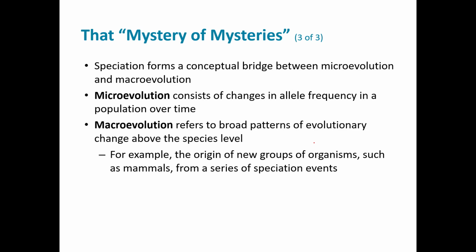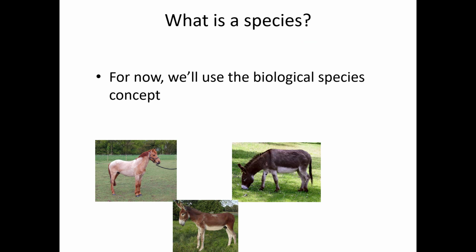So new families of organisms, new classes of organisms, new genera of organisms, things like that. So, for example, new groups of mammals would be an example of macroevolution. So speciation is kind of at that border between micro and macro.